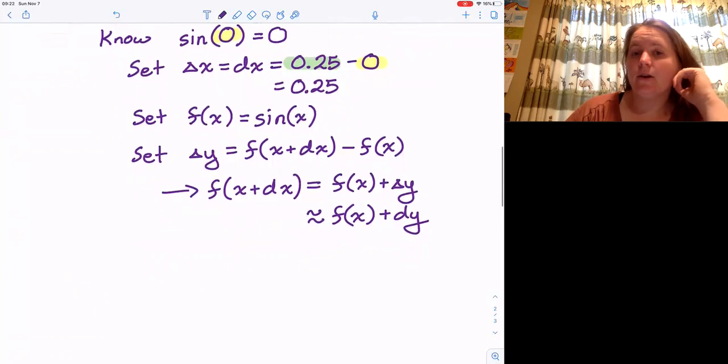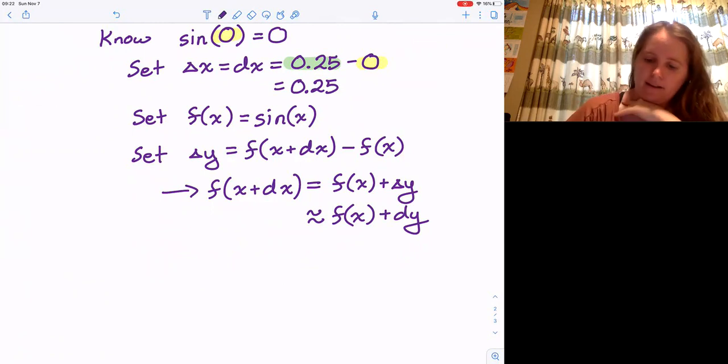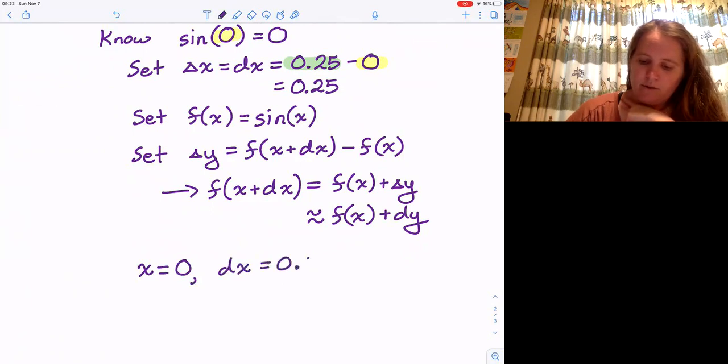So the relevant x value we're working with is 0, dx is 0.25, and we need to find dy.